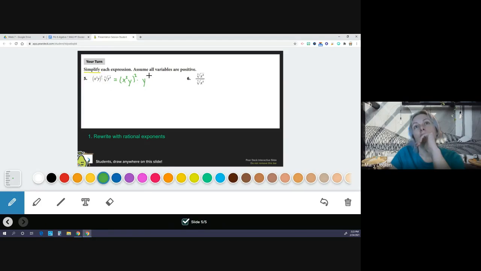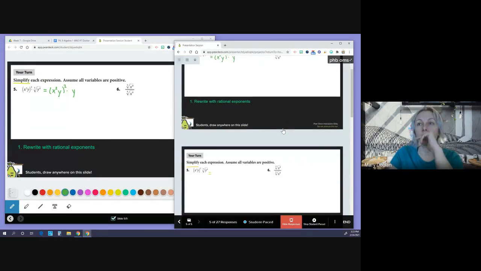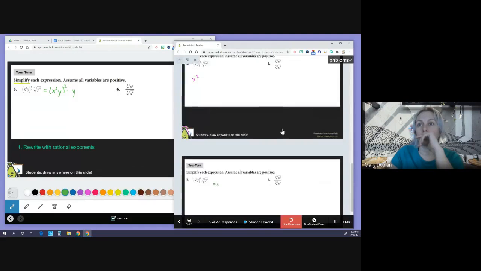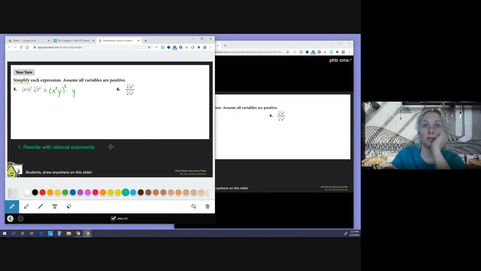What can I put here for this y? We have some of you that are already over here. You know, I'm just using that same rule right here. a to the m over n is equal to the nth root of a to the m power.